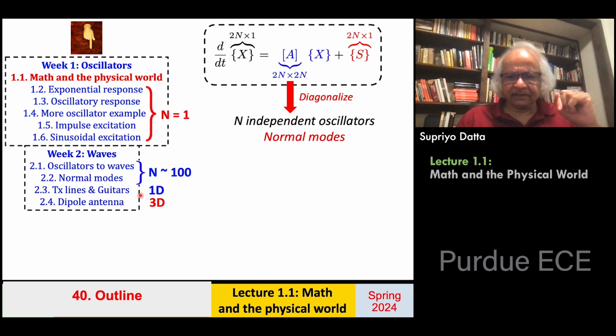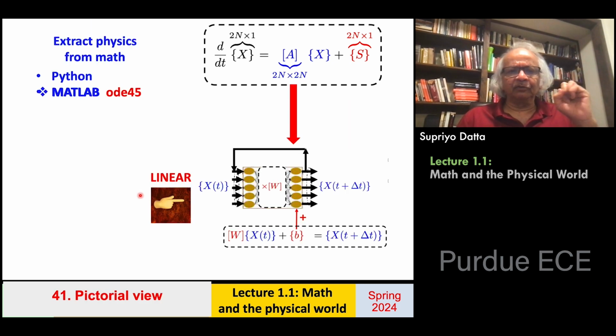Before we get started, let me mention one other thing. I mentioned that for everything we do, we'll try to use an equation of this form as the starting point. In order to solve it, you can use Python or MATLAB to extract the physics from the math.